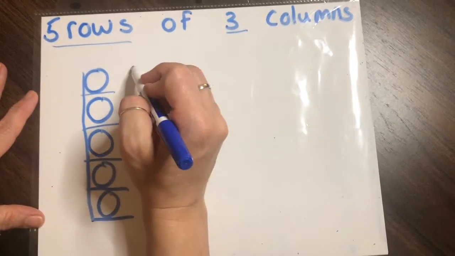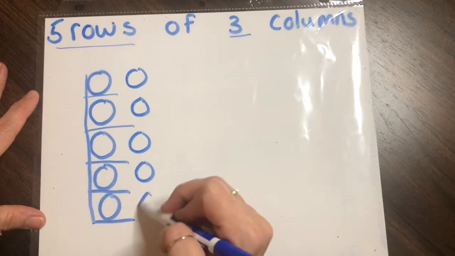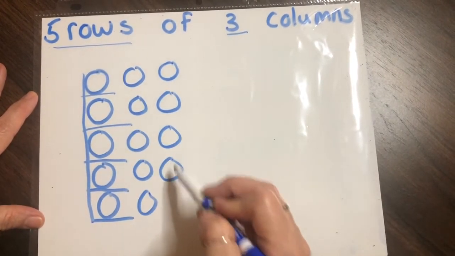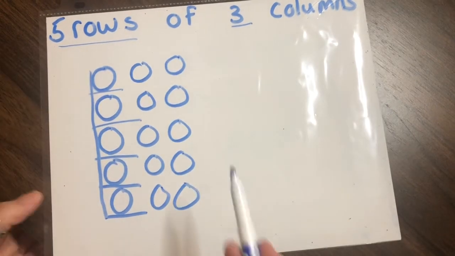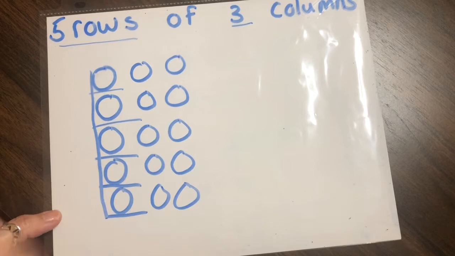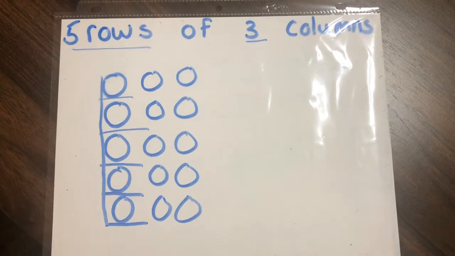So 3 columns of 5 in each row. Okay, so now I have 5 rows with 3 columns. Make sure your board looks like mine.